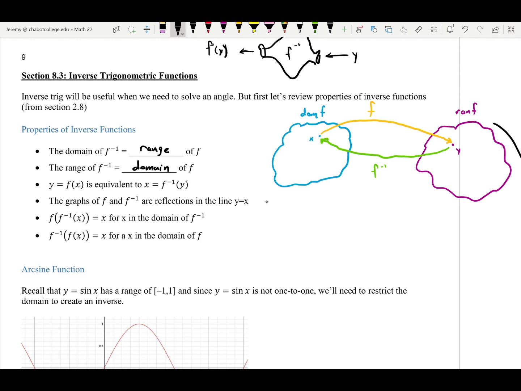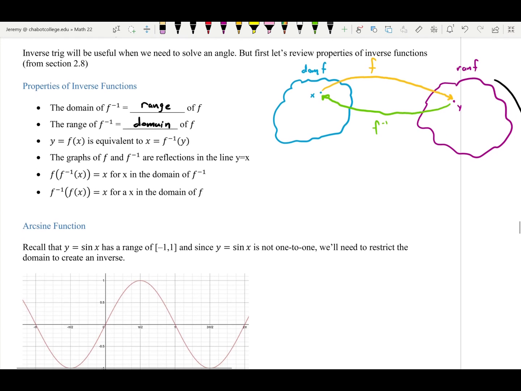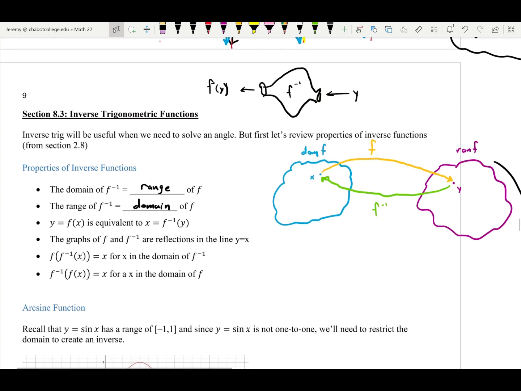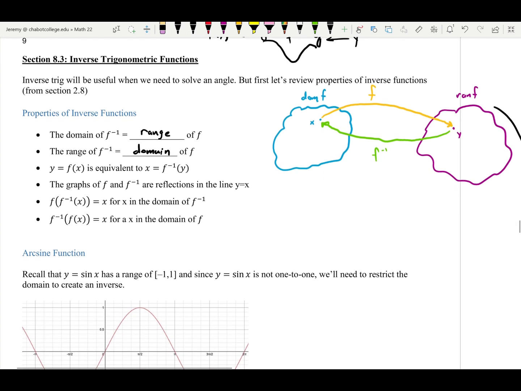Where are these y values getting sent to? Well, they're getting sent over here to what was originally the domain of our function f. And then y equals f of x is equivalent to x equals f inverse of y. That's kind of what we're discussing up here with this machine diagram.